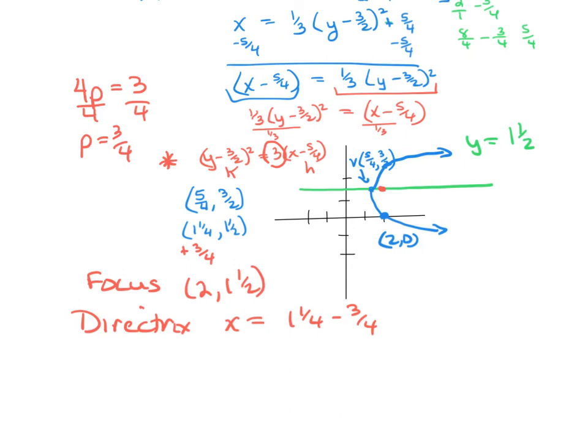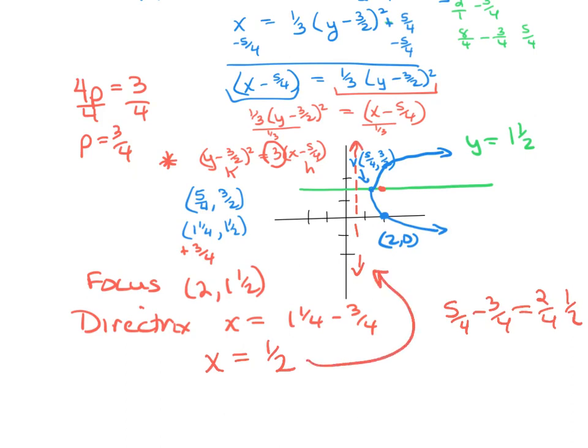So 4 times 1 is 4, plus 1, so 5/4 minus 3/4, and I get 2/4, or 1/2. So x equals 1/2 is the directrix. So right in here. So I found the directrix.